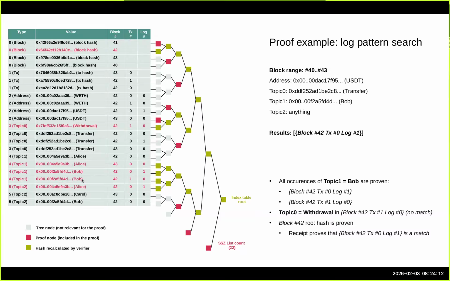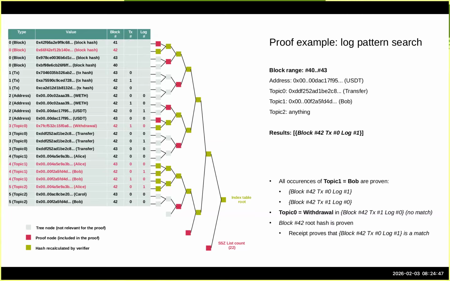In this case, these four red lines prove that there are exactly these two cases when topic 1 equals Bob's address. Both of them are in block 42, and one is in transaction 0 log 1, and the other is in transaction 1 log 0, which is actually the withdrawal.